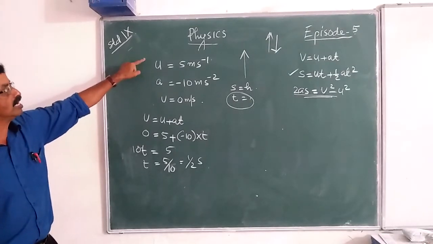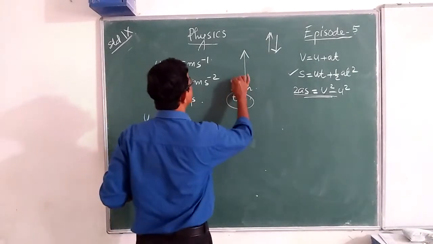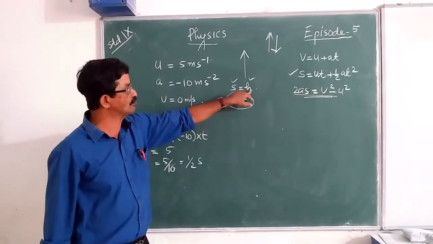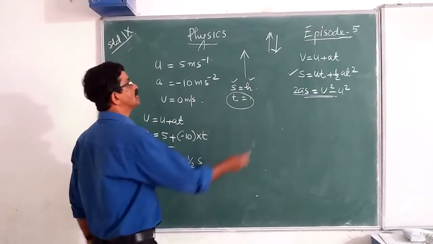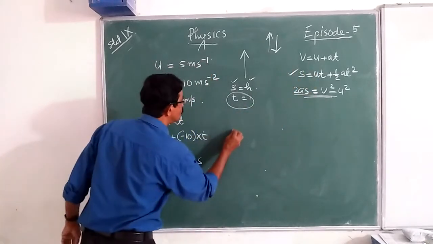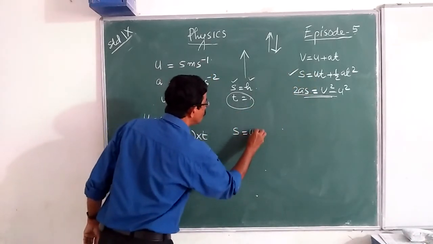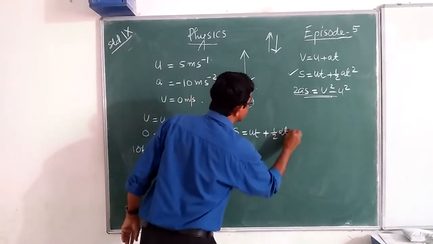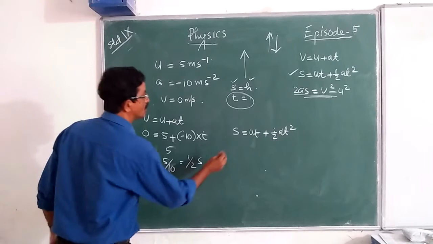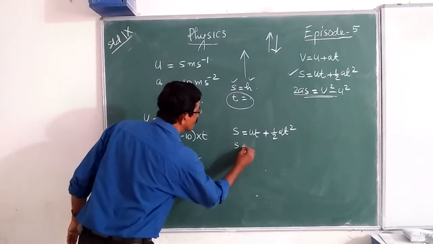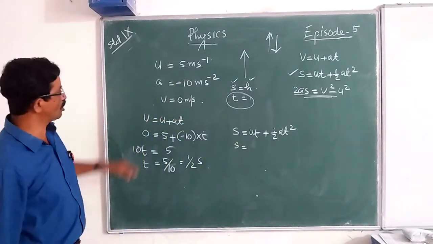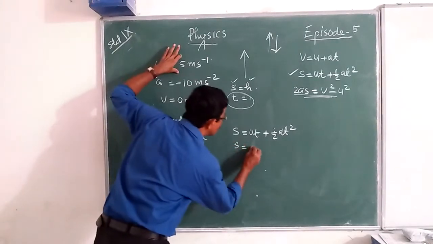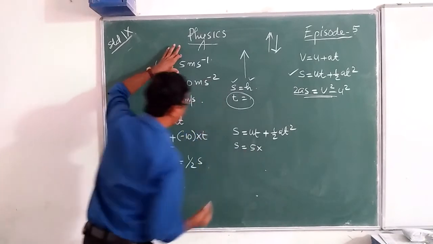Now the other thing we want to find out is the displacement, that is s or h. For that we can use this relation, s equal to ut plus half a t square. That is s equal to u, how much is its initial velocity? Its initial velocity is 5. What is the time taken?